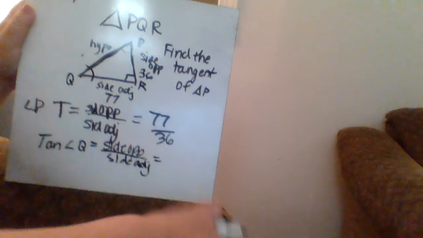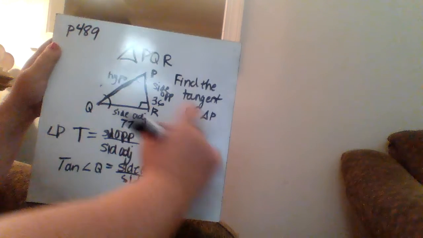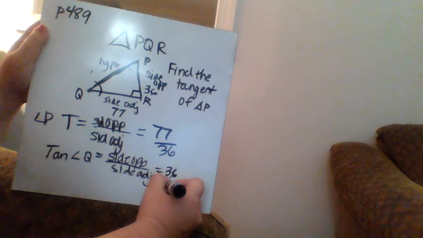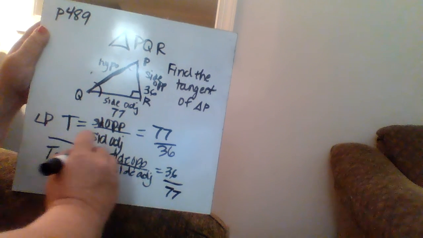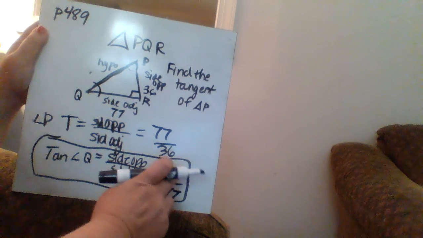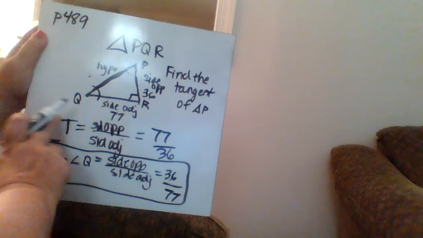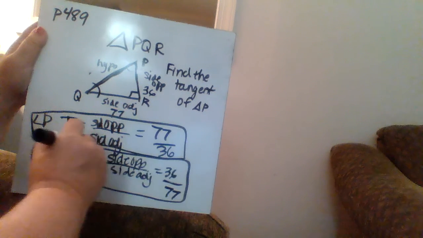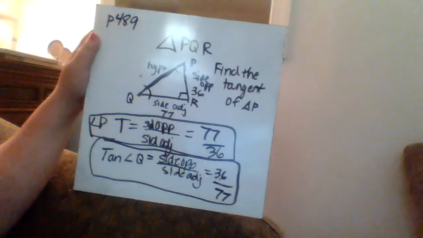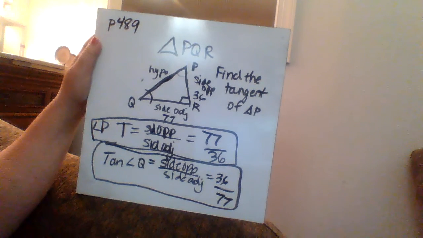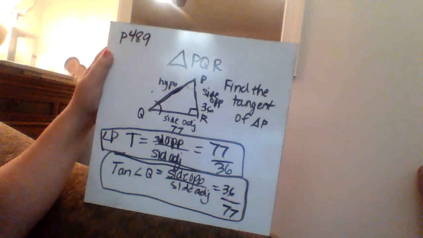So now our side opposite is 36 and our side adjacent is 77. So the tangent for angle Q is 36 over 77, and the tangent for angle P is 77 over 36. And that is one example of a trigonometric ratio. That's called the tangent.